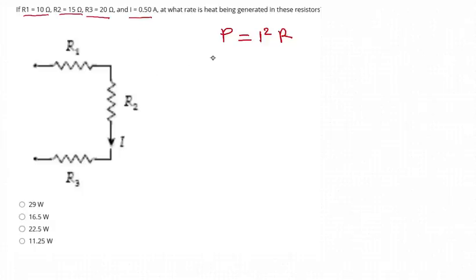So first, we need to calculate the individual power. P1 is equal to I squared R, where I is given as 0.5 and R for R1 is 10.